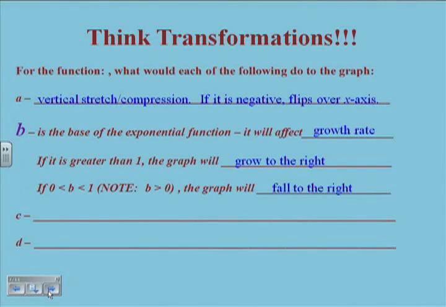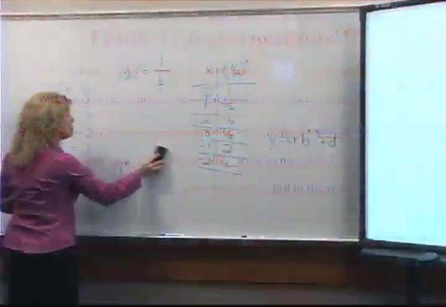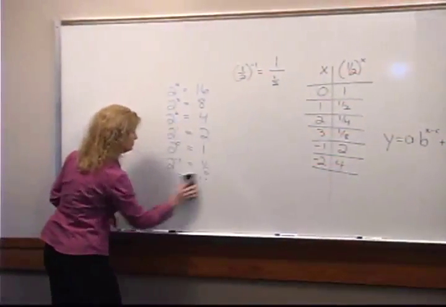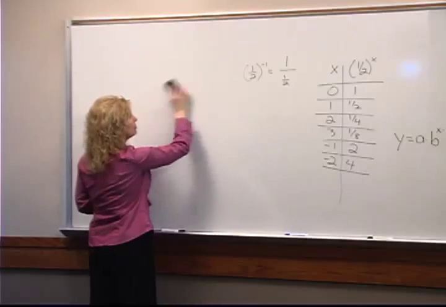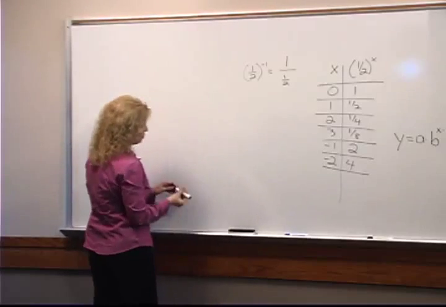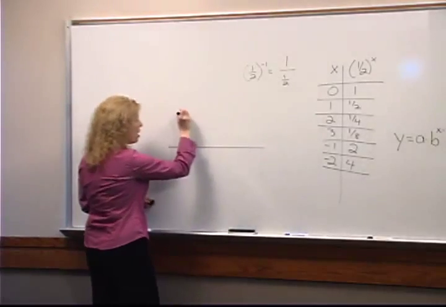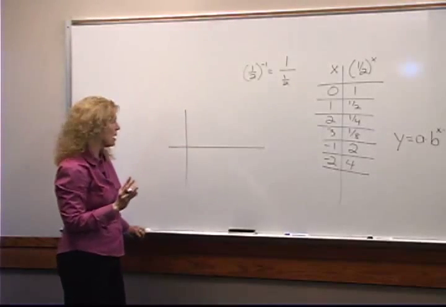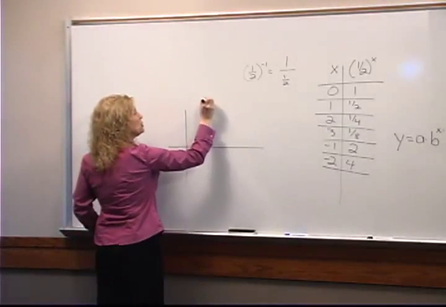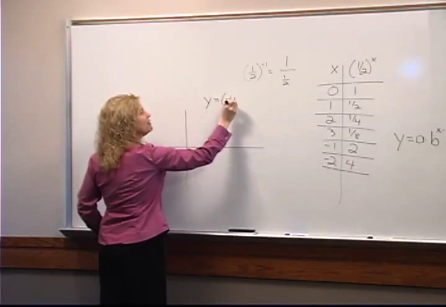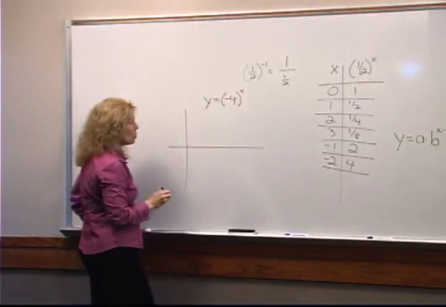Now, I did give you a note here. B has to be positive. We cannot have the base be negative. Let me just really quickly show you why that would be a problem for us. For one thing, our graph would just be totally whacked out. Like if I was doing y equals -4 raised to the x.